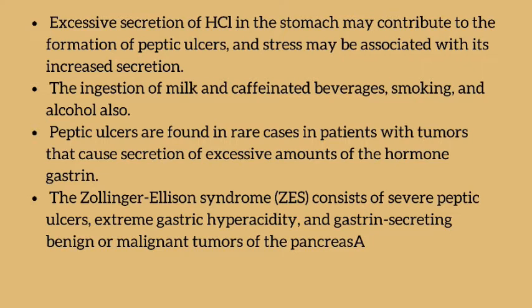Okay, then the second point they are telling over here, the ingestion of milk and caffeinated beverages, smoking, and alcohol also can increase this peptic ulcer. So the person should not take much milk, and sometimes they should not take caffeinated beverages also, and they should avoid smoking, as well as they should avoid alcohol.